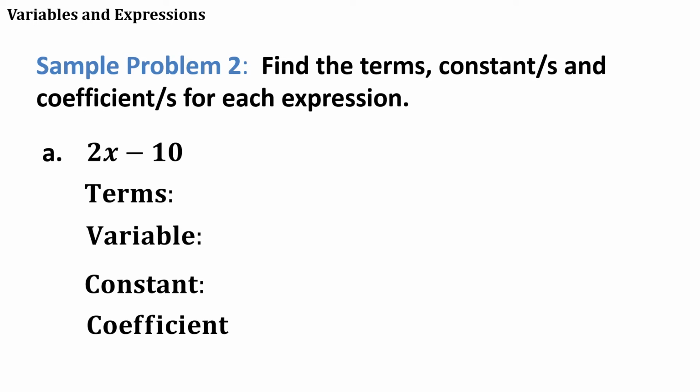What are the terms? What are the variables? What is the constant, and what is the coefficient? You can pause the video at this point, try to solve it by yourself in your notebook, and check out the answer in the next slide.